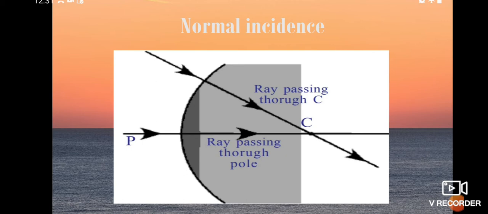According to Snell's law, the ray which travels along the normal drawn to the surface does not deviate from its path. Hence both rays do not deviate. They travel along the normal. Here the light ray is traveling in a straight way. Okay, this is the normal incidence.